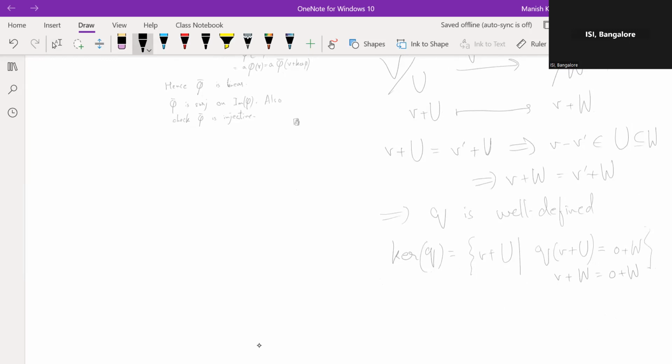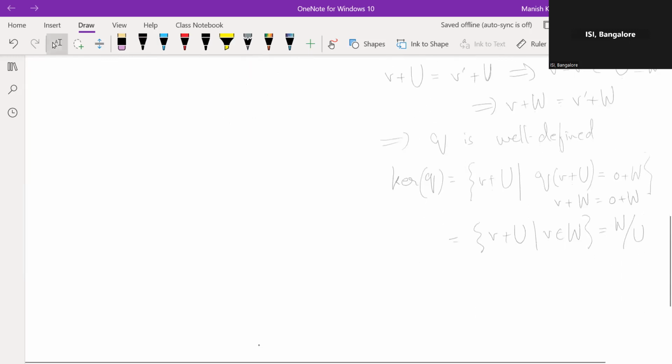V minus 0 has to be in W. So the kernel of Q is precisely V plus U where V belongs to W, which is precisely W mod U. So the whole thing is V mod U, and the kernel of Q is W mod U.